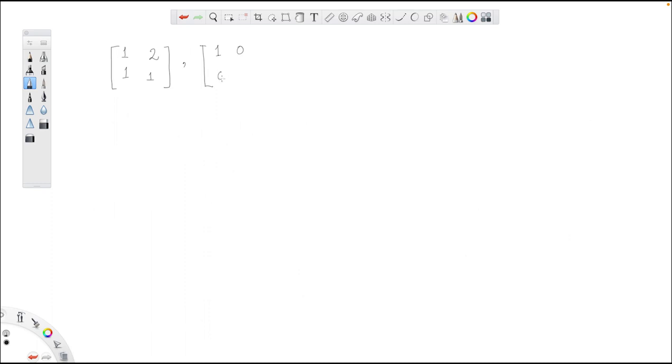So we have this identity matrix written on its side, and now I have to make this guy the identity matrix by applying elementary row operations, and whatever we end up with on the right side is going to be the inverse of the matrix P according to the inversion algorithm.